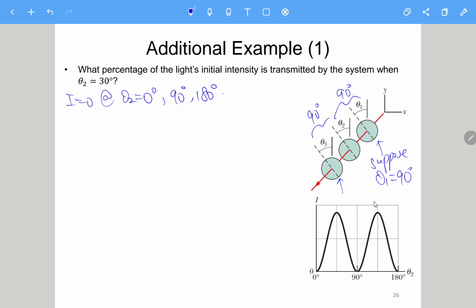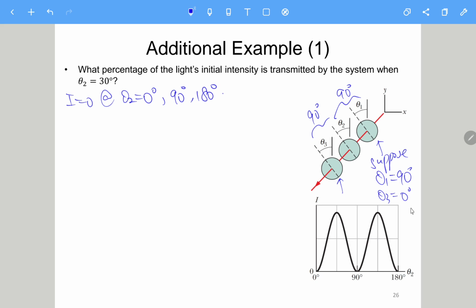And this is not enough because we need an additional zero point at 90 degree. So probably there should be another filter, just say theta 3 should be 0 degree, so that when theta 2 is 90 degree, there will be 90 degree between theta 2 and theta 3, and there is no light that can go through.